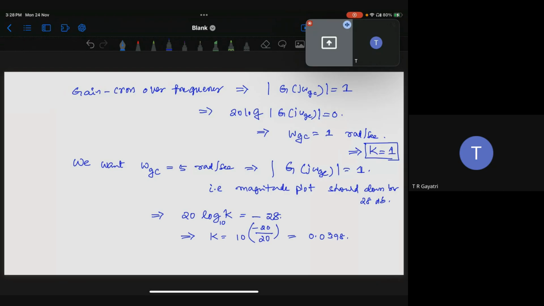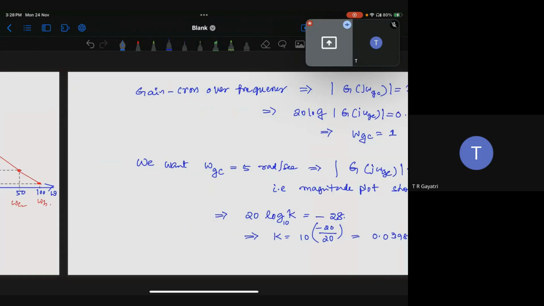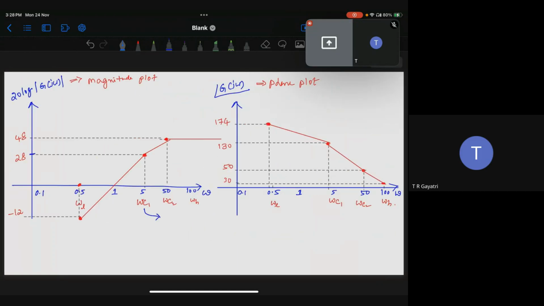Sir, can you explain this expression again? I didn't understand this: 20 log k equal to minus 28. We wanted to make the gain crossover frequency 5.